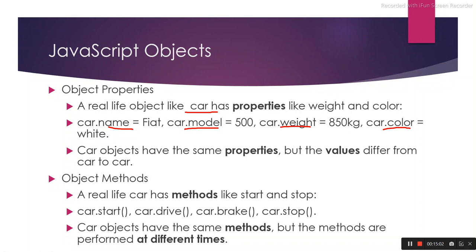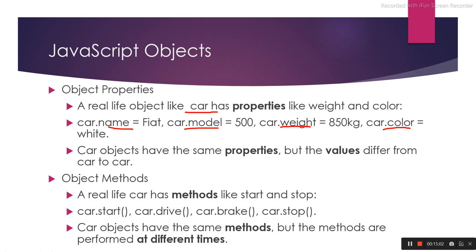These are all the properties common for every car. The value of that property may vary. Car name may be Fiat, or instead of Fiat you may have Tata or Maruti or Benz. Model number, weight, color, everything varies depending upon the car. So attributes are called properties.